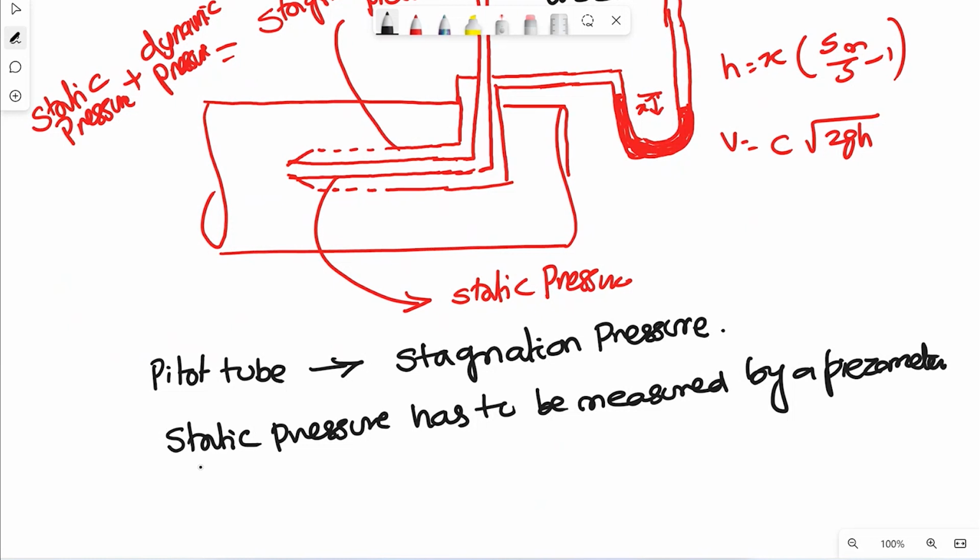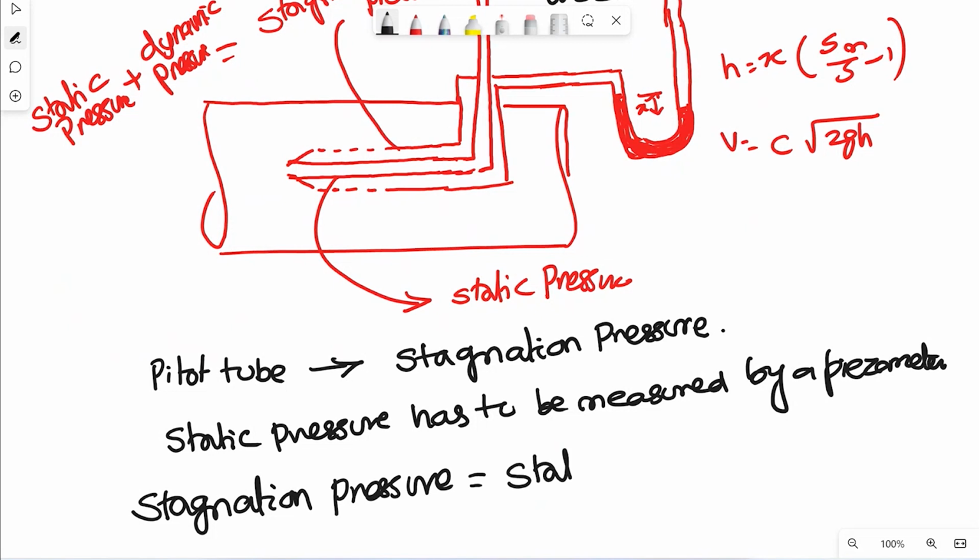Then naturally stagnation pressure is equal to static pressure plus dynamic pressure.